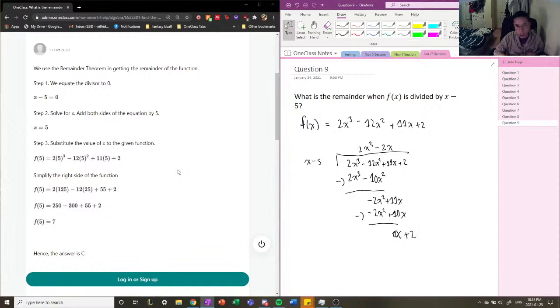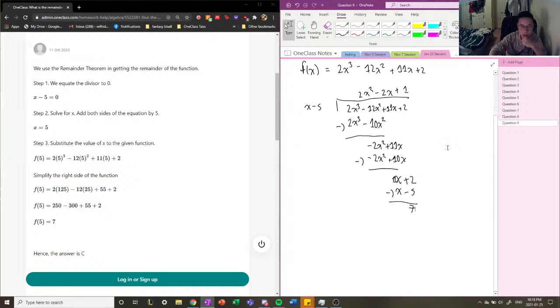And then finally, we multiply by 1, and we get x minus 5, and we subtract, we get 7. So 7 is our remainder if we use long division.